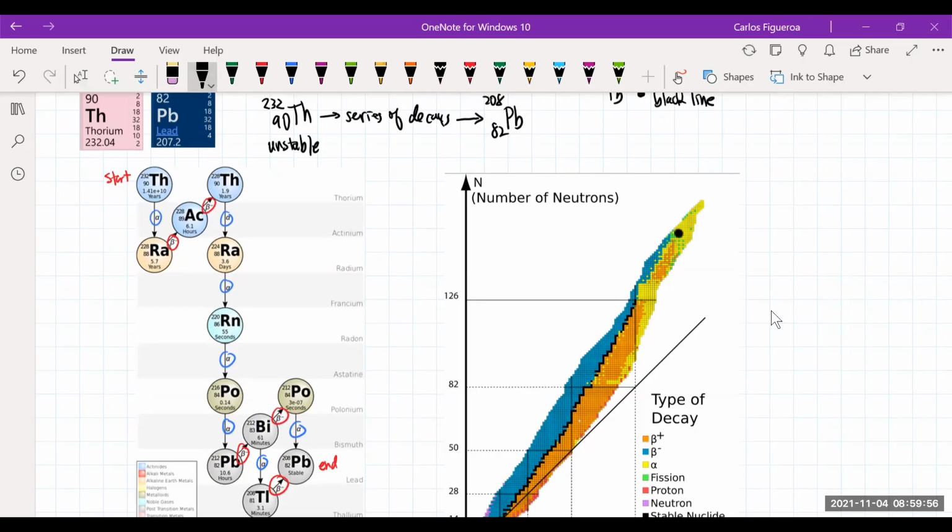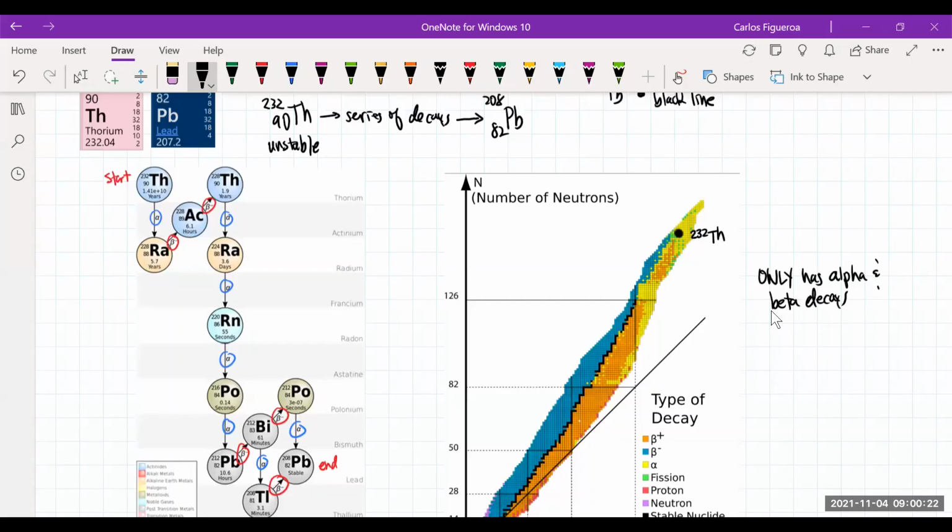And in this alleyway, I have 232 thorium. And so when I look at thorium, this only has decays. It only has what? It only has alpha and beta decays, not beta inverse decays.